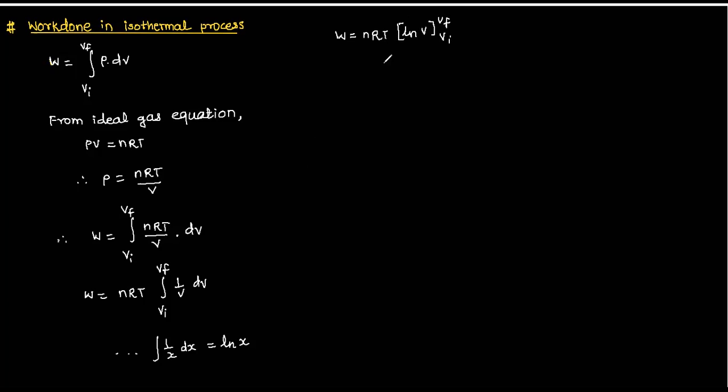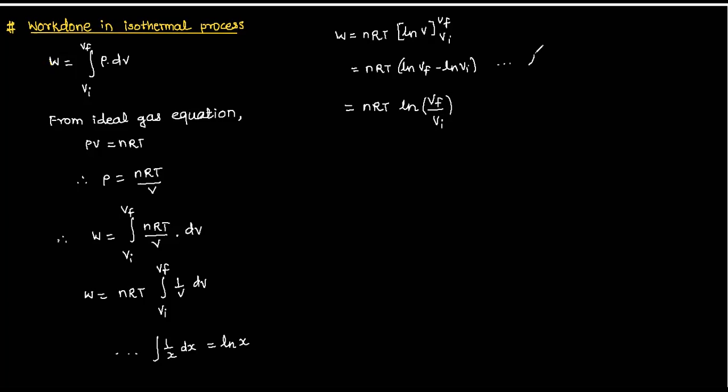So at the place of V, you substitute this. What are you getting? nRT times ln of Vf minus ln of Vi. Put the upper limit, subtract the lower limit. So that is equal to nRT, log A minus log B. What are you getting? Log A by B. Therefore, Vf by Vi.